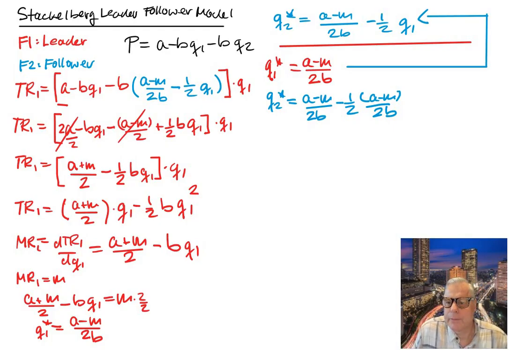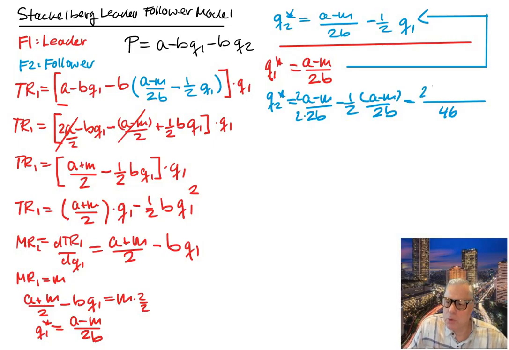So now we can simplify this one. We have here 4b in the denominator. Let's just multiply everything to 4b. Here we have 2b, 2 times 2b, so we have here 4b, and so we multiply here times 2, and here times 2.